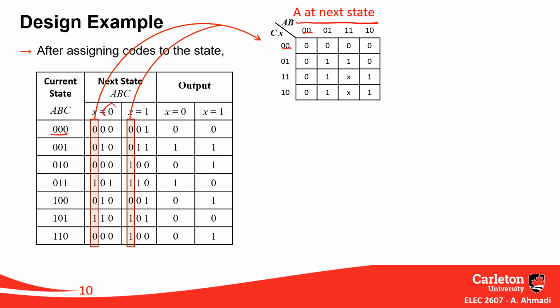A equal to 0, B equal to 0, C is equal to 0, input equals 0. Now look at the large table here. A is equal to 0, B is equal to 0, C is equal to 0, X is equal to 0. That's my input. What is the output? A at next state. You see? That's where I get that.